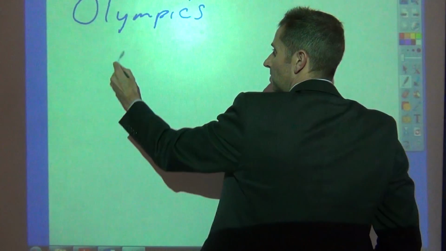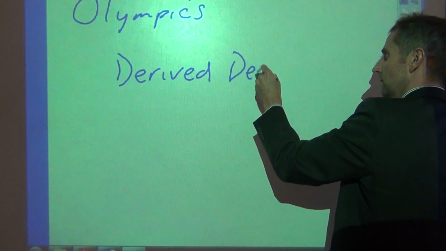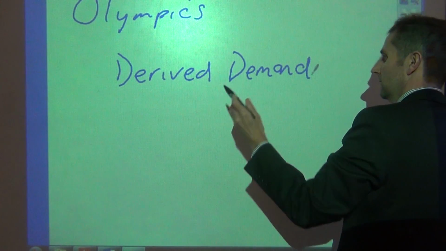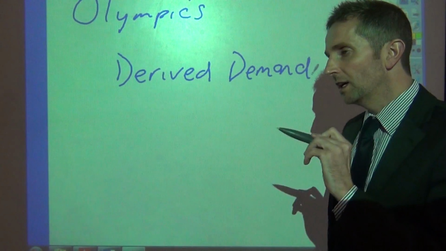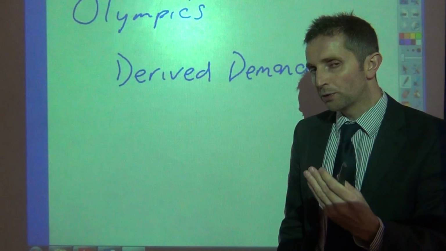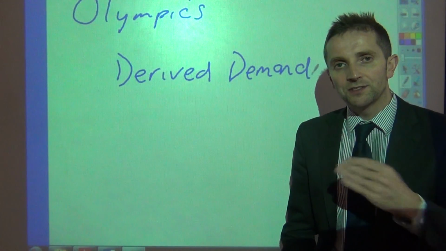Don't be afraid to include terms like derived demand. So when you're building new venues for the Olympics, what do you need? Well, this is a major project, so you need labour, and so there's a temporary increase in the demand for labour.